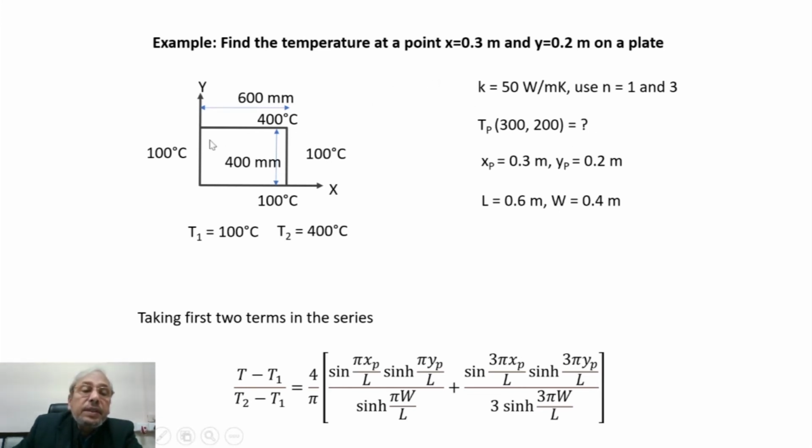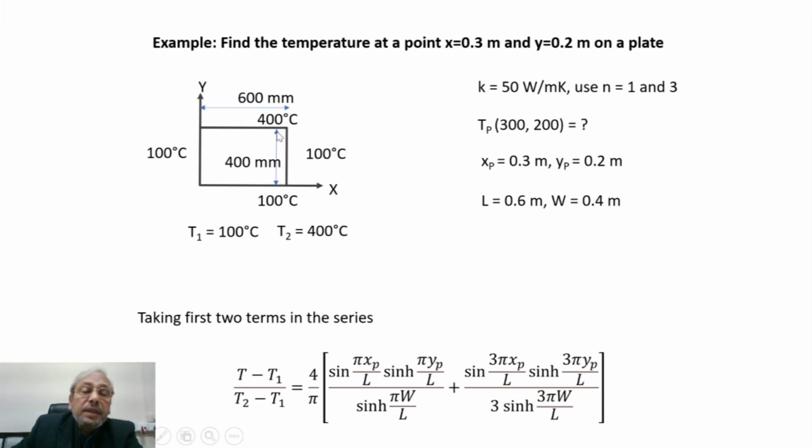So this is a plate which is basically, we can see that 0.6 meter long and width is 0.4 meter, and we have to find out temperature at a location x equal to 0.3 meter and y equal to 0.2 meter. Or in other words, this is a plate, and this plate is having dimension 600 millimeter in the x direction, its length is 600 millimeter.